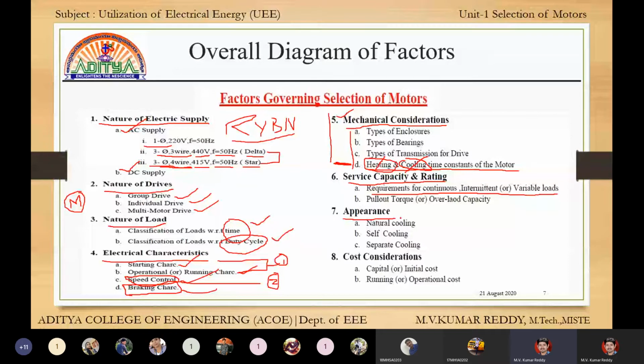Appearance is of three types: natural cooling, self cooling, and separate cooling. Next, the eighth one is cost considerations: capital or initial cost, and running or operational cost. Okay, this is the outline of factors governing selection of motors.